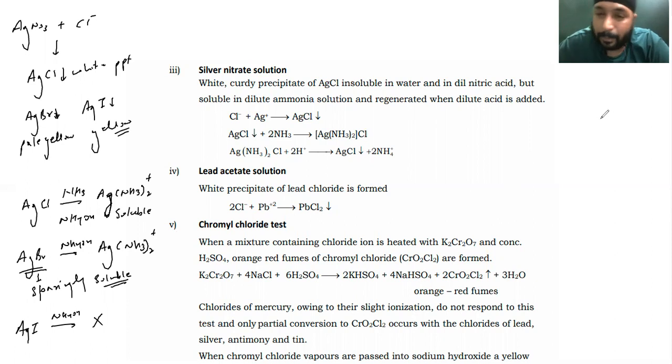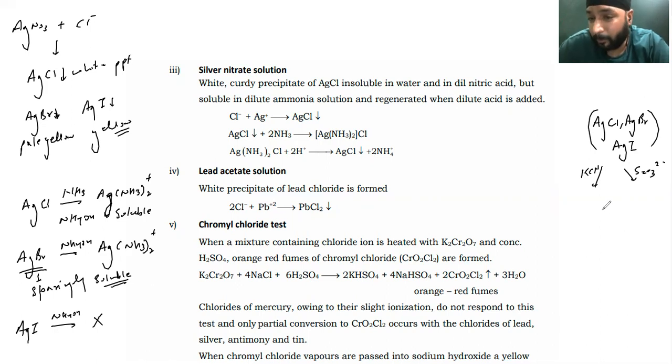In the d-block elements, they ask the same thing. I can have AgCl, AgBr, AgI. If I react these three with KCN solution, or with thiosulfate, all of them are fully soluble, forming the complex [Ag(CN)2] minus, where the coordination number is 2.